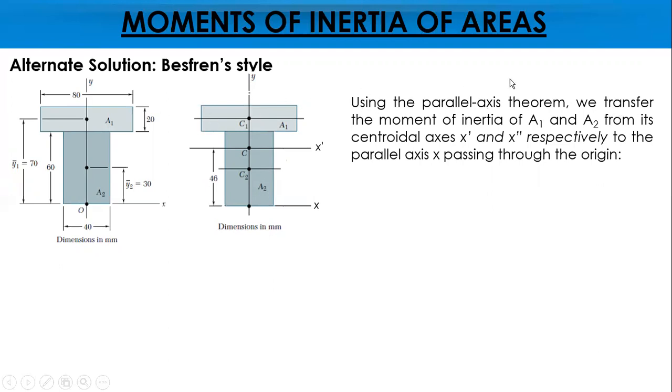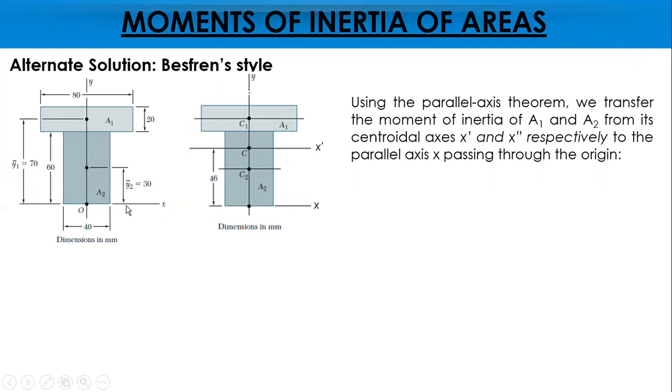So I'm going to transfer the moment of inertia of element 1 and 2 from its centroidal axis, this is x prime. Forget about this x prime. Okay, different one. Focus on this figure. I transfer the moment of inertia of element 1 and element 2 from the centroidal axis to this arbitrary coordinate axis x.